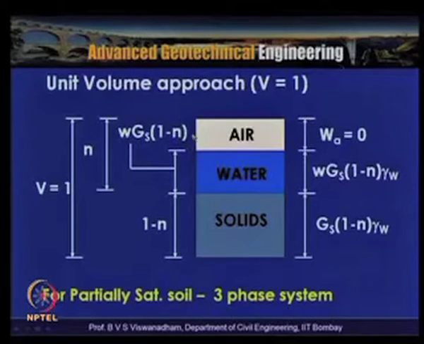The rest is volume of the air, and Ww is equal to 0 here. So, for a partially saturated soil, if you want the total weight of the soil mass, it is nothing but Gs into 1 minus n gamma w plus W Gs into 1 minus n gamma w, divided by total volume 1.